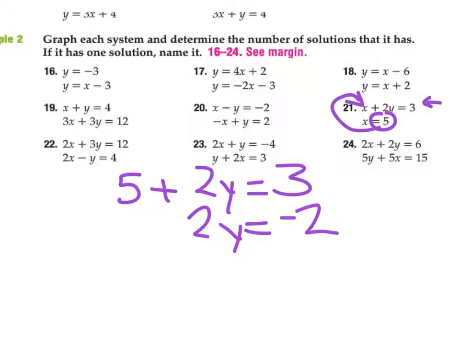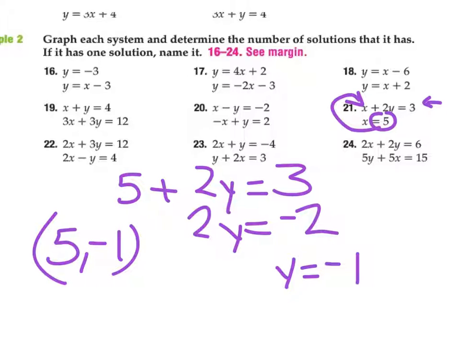I'm going to get a y of negative 1. And I know 5 is x, so my answer should be 5, negative 1 for number 21. There you go. So we'll look at another one in a little bit. Now here, same thing on 28 to 42.